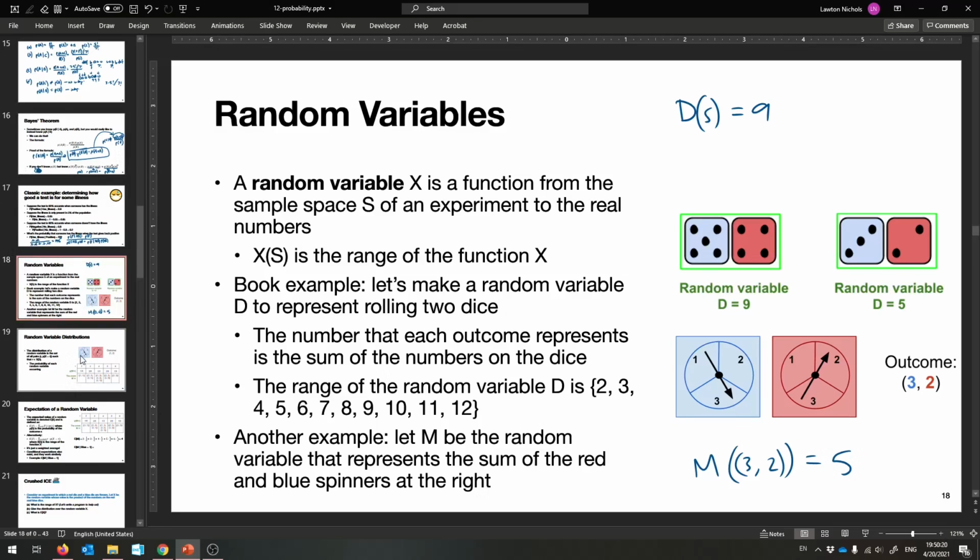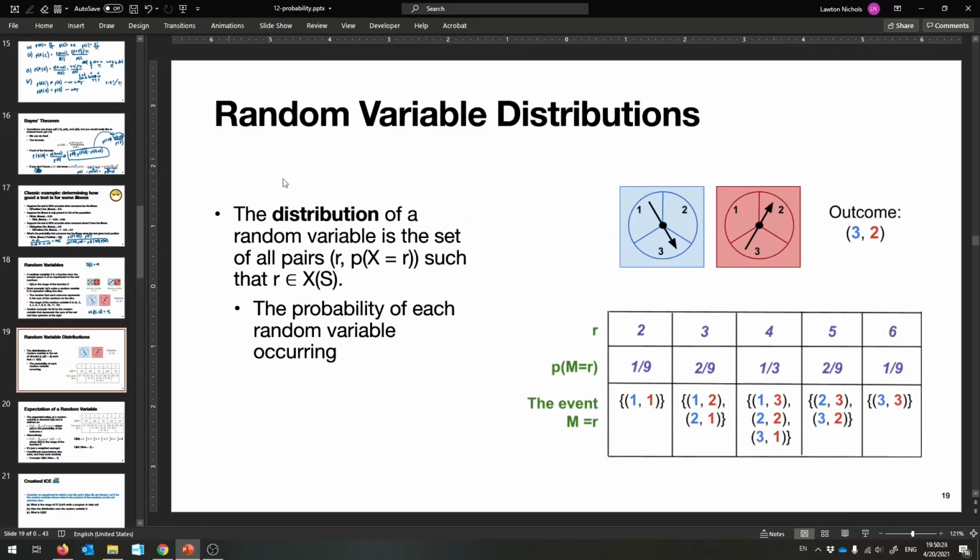Now we can talk about distributions over each random variable. This is where things get fun, because we can start figuring out which of these is more likely, and with what probability. What's the average number we get back from our random variable?